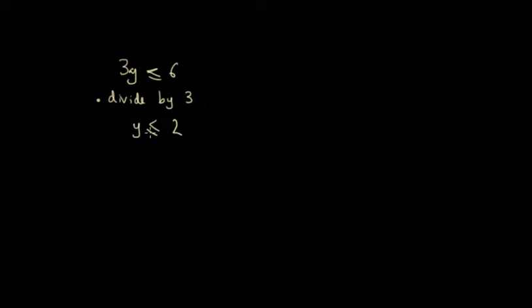Now y is less than or equal to 2, so y could be minus 2. It could be minus 1. It can also be 2 because it's less than or equal to 2.